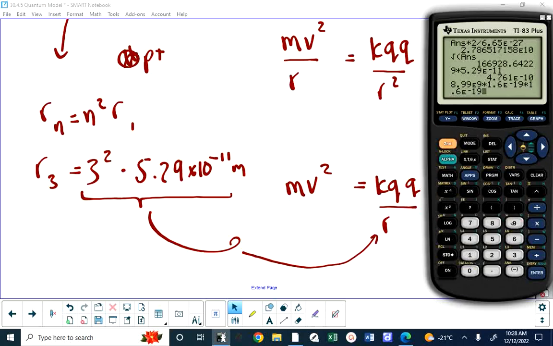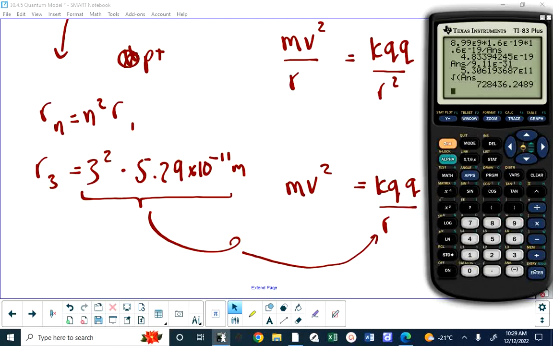Again, this is not alpha scattering. This is just the hydrogen atom. Divided by that, this is giving me mv squared. So now I need to divide by the mass. It's an electron that's accelerating in a circular path, and then take the square root. So it's about 7.3 times 10 to the 5 meters per second.